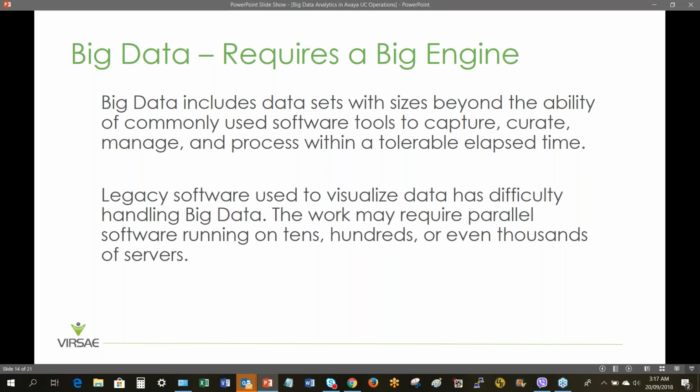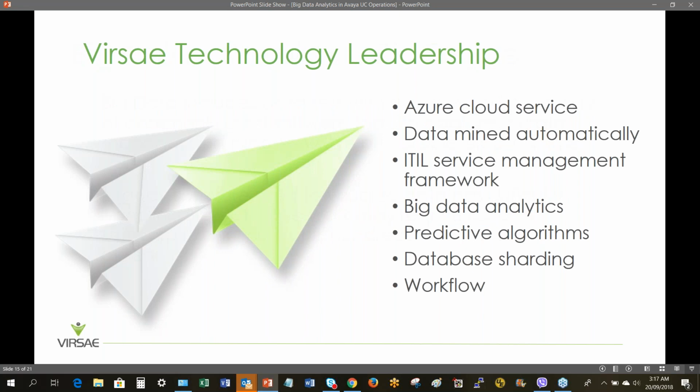And what we do in Azure is at times we've got the capability to scale the amount of server and processing power we have. And at times we will use literally thousands of servers to process data in that cloud. So Virsae is built for the cloud from day one.